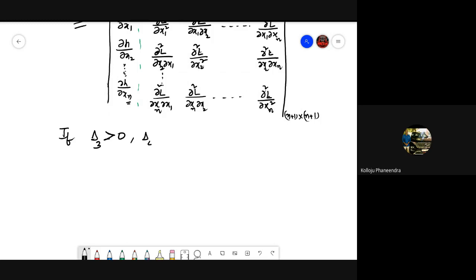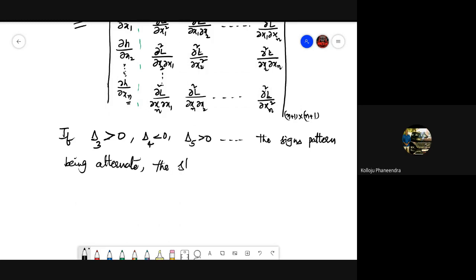If delta 3 greater than 0, delta 4 less than 0, delta 5 greater than 0, that is the sign pattern, the signs being alternate, positive, negative, then the stationary point is a local maximum.